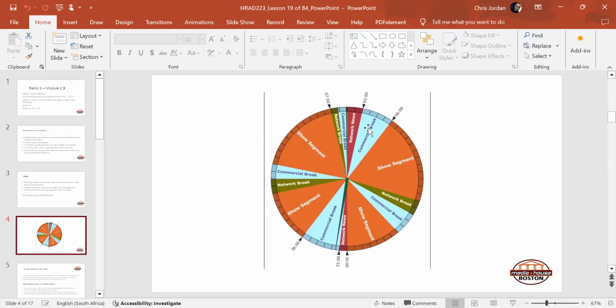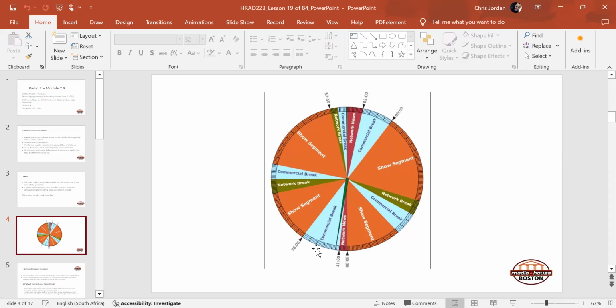There's a commercial break that might follow this. The show segment, again, we could interpret right here, and we'll do more defined clocks in just a moment. It could be music sweeps, or an entire talk segment, noting the timing. You see, it's not 2 minutes past something, it's just 2 minutes, 6 minutes, and so on. At the bottom of the hour, we have our network news once again, and a commercial break.